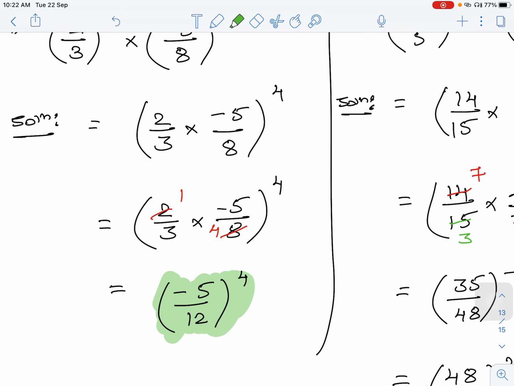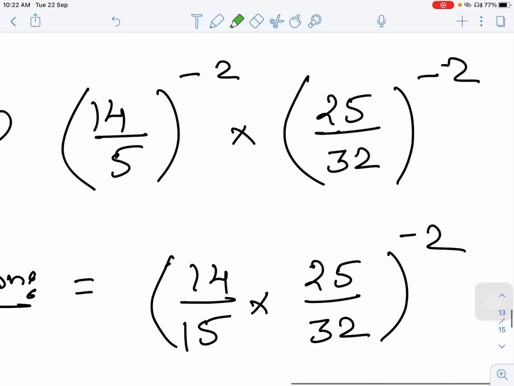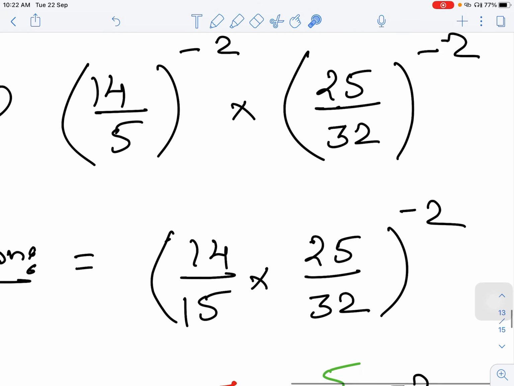Now let us consider one more example. Here in this example we have (14/15)^-2 into (25/32)^-2. Again the same condition: we have two numbers with different bases and the same powers and they are multiplying each other. So we will multiply the bases. We have multiplied 14 upon 15 into 25 upon 32, and then we'll write the power only one time.